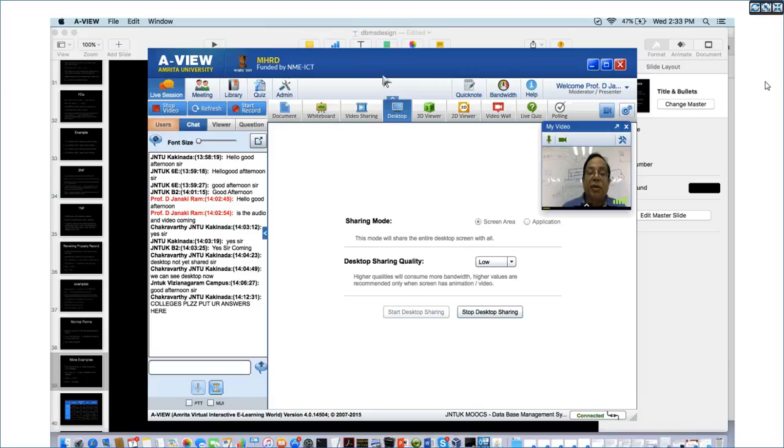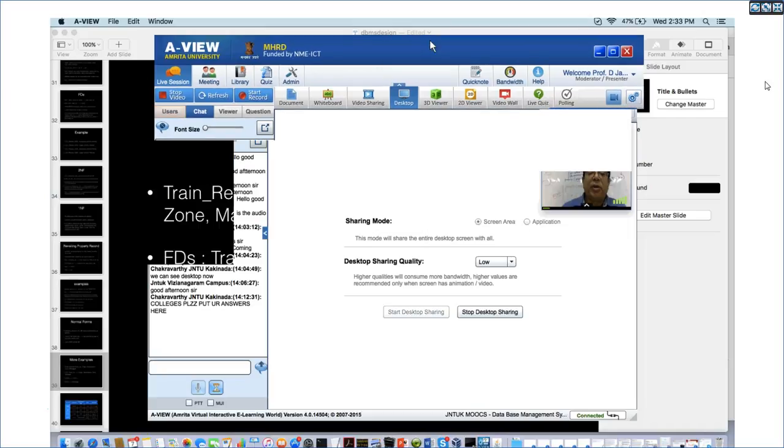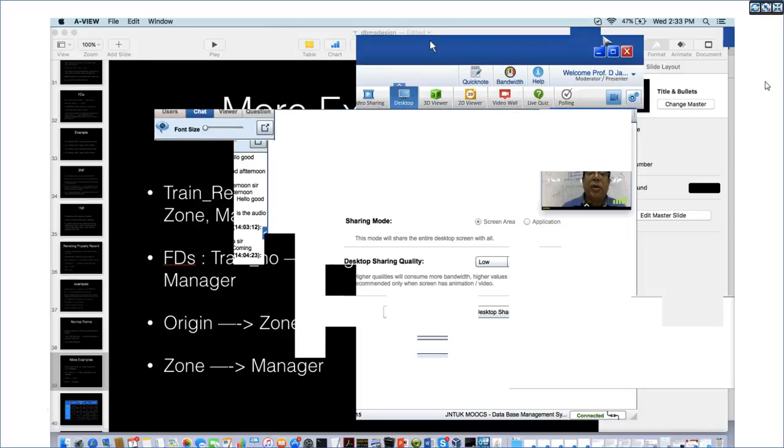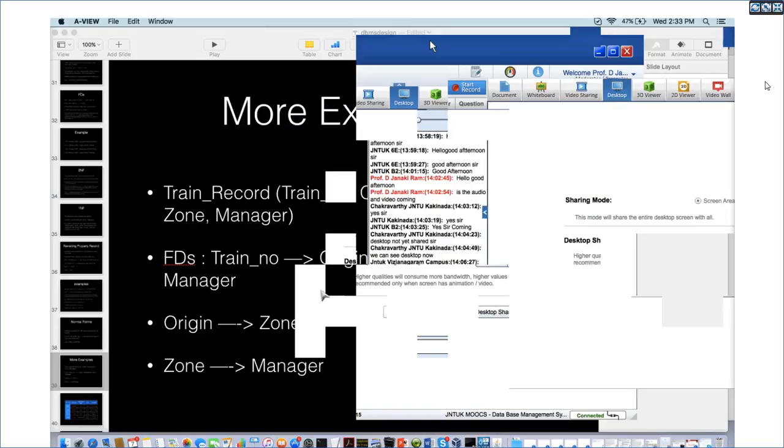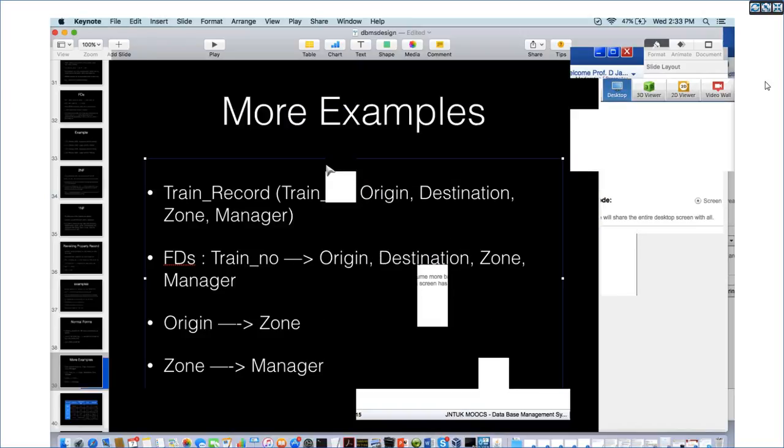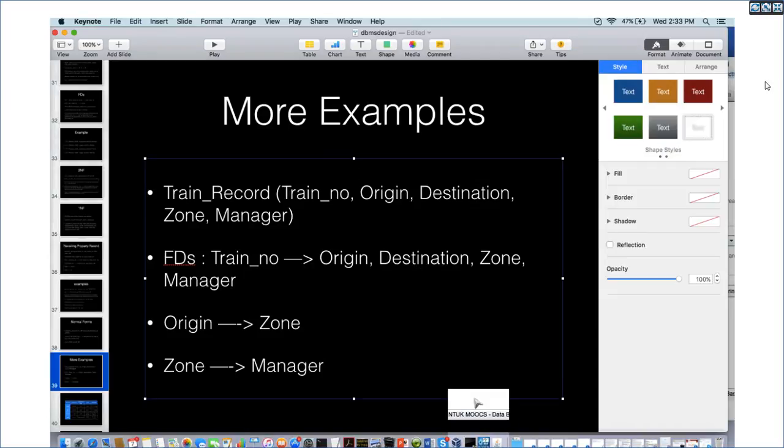Given that these are the FDs, is the first FD problem not visible? Why is the problem not visible? I'm sharing the desktop. Why are they saying the problem is not visible? Is the problem visible now? If I bring up the answer view, I think it becomes a problem.